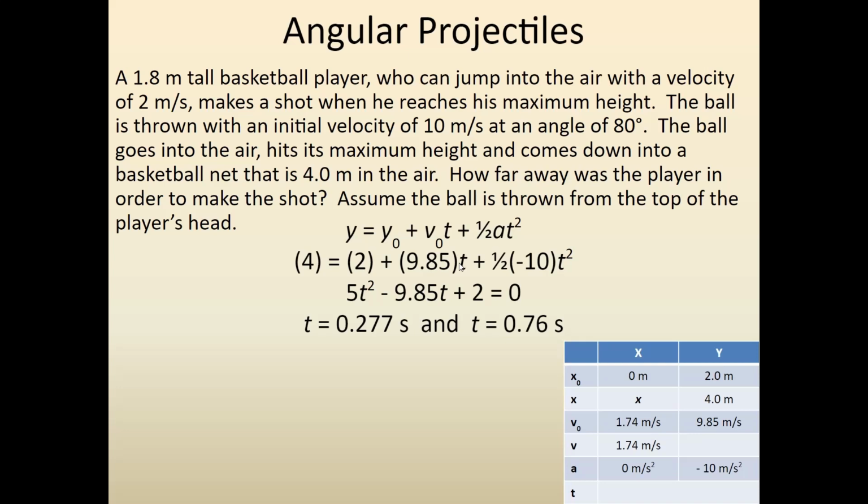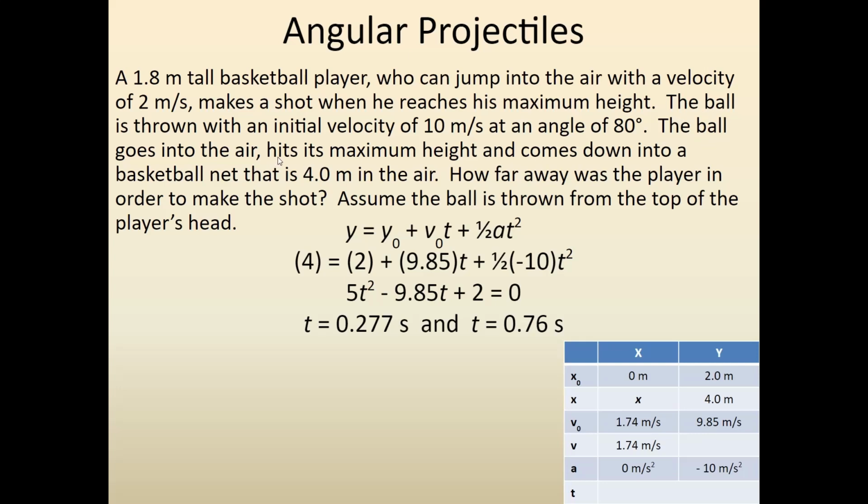But we have these two times, so which one is the time? Well, the reason we have two times is that as the ball gets thrown up, it reaches this height twice. It reaches it on its way up to the maximum height, and then as it comes back down from the maximum height. So the question is, which time am I looking for? Well, if we look back to the question, it gives us a piece of information that might not have seemed important at the time.